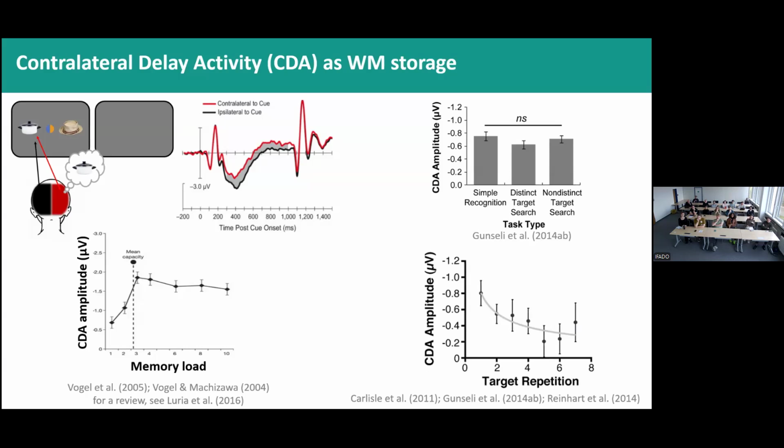Also important for the purposes of today's talk is that if people repeatedly store the same item, so if I show you a pen and on the next trial again the same pen, and again the same one, after 6 trials or so the CDA mostly diminishes if you keep storing the same item, while performance is increasing. So we have a smaller working memory storage index, but better performance.